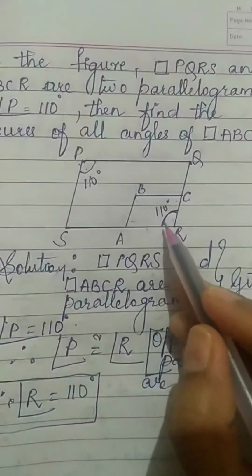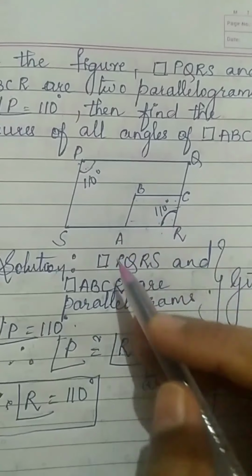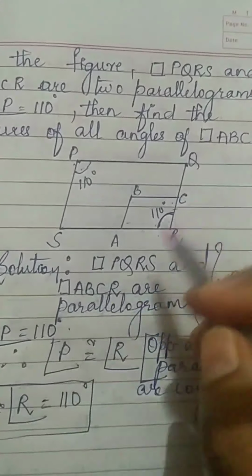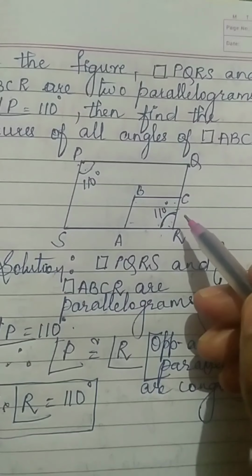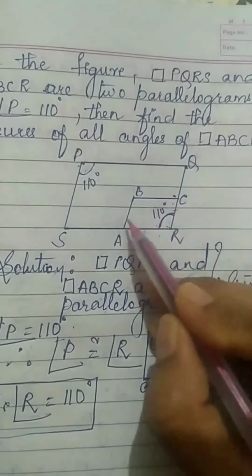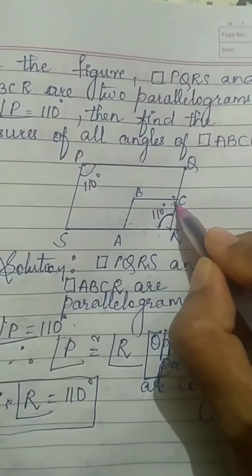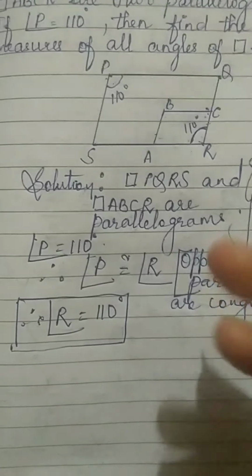Now if you know angle R, in the sum which we started with, we already learned that the adjacent angles of a parallelogram are supplementary. Angle R's adjacent angle, either you can take C or you can take A. If R plus C will be 180 degree, adjacent angles of a parallelogram are supplementary.